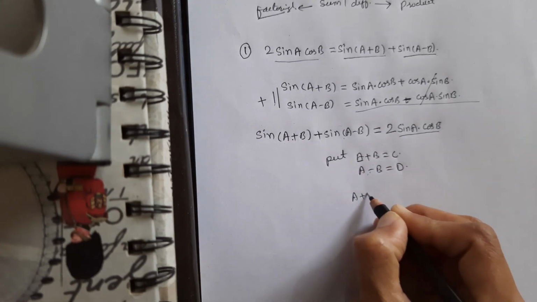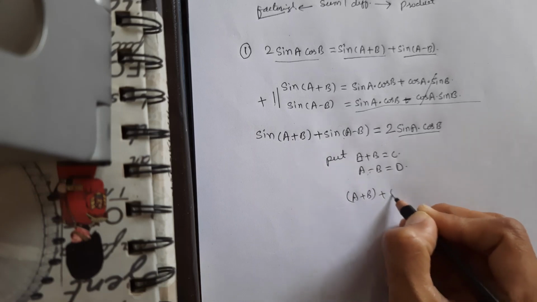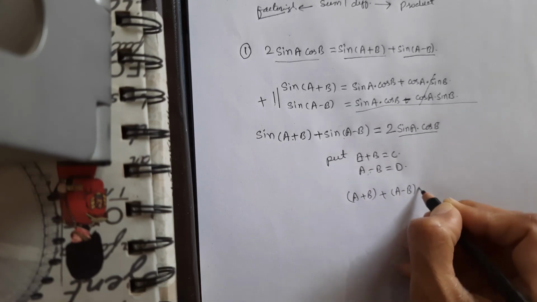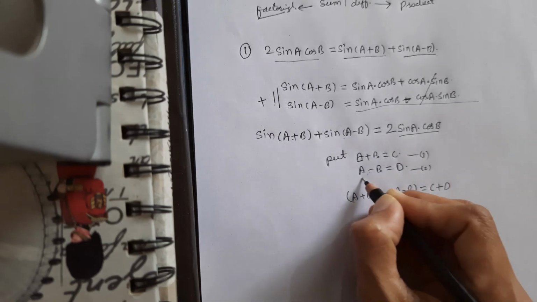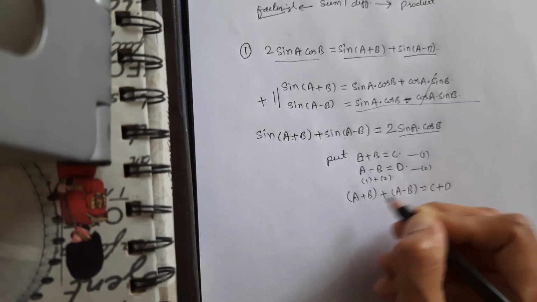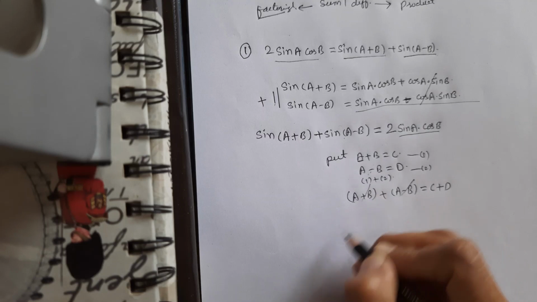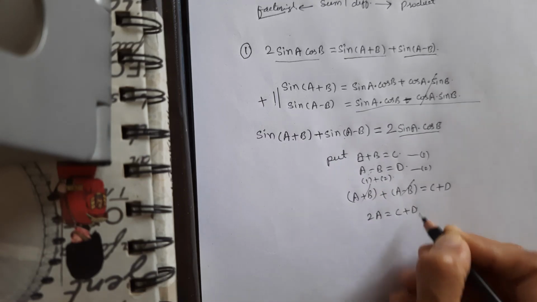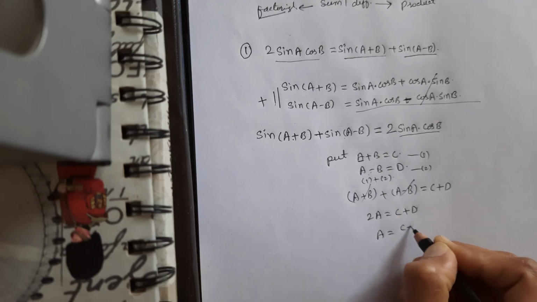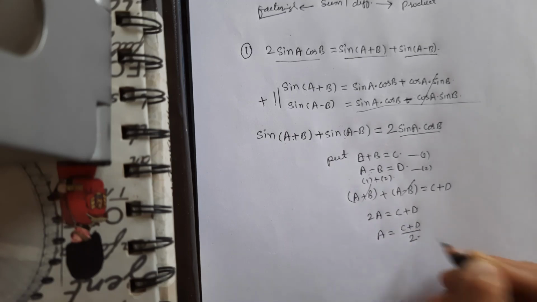A plus B plus A minus B equal to C plus D. The Bs get cancelled, and 2A equal to C plus D. So A equal to (C plus D) divided by 2.